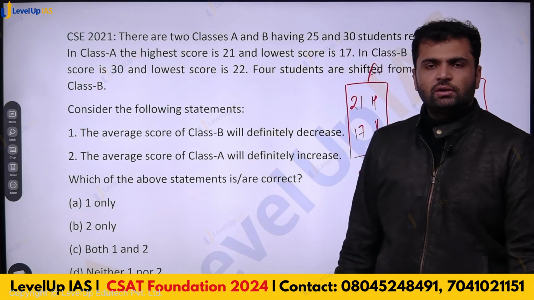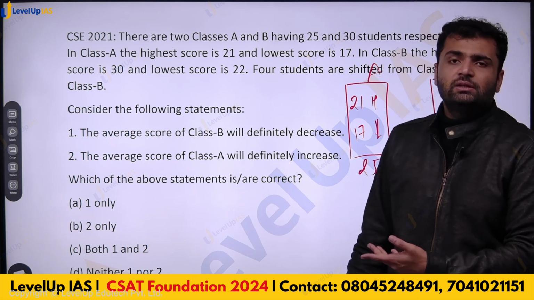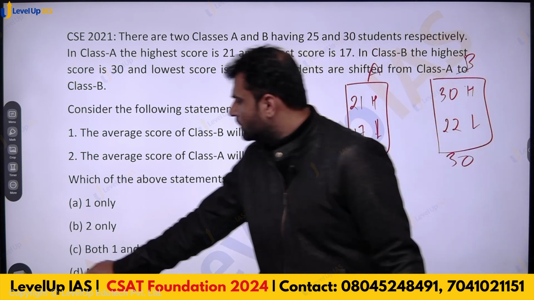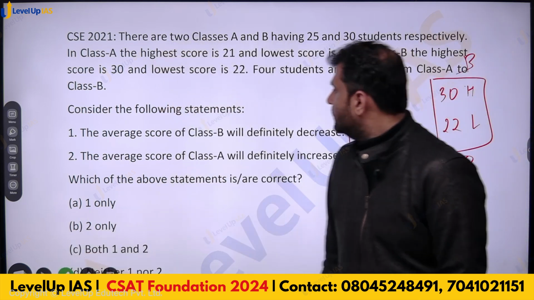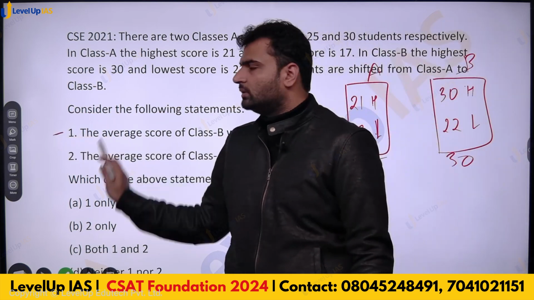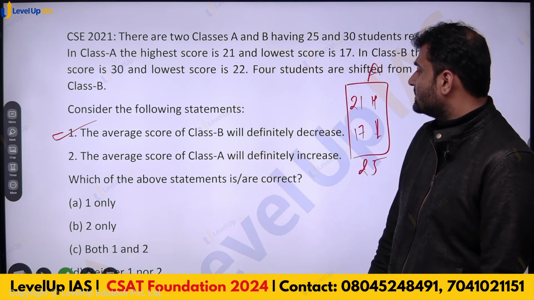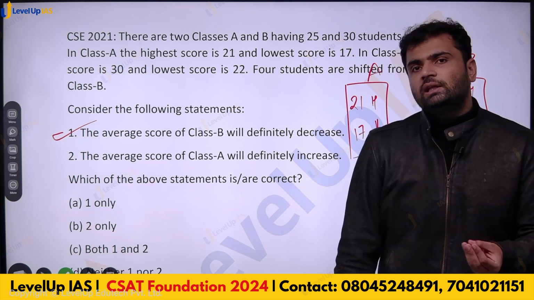That is intuitively correct, and you can write down the mathematical expression and find that to be true as well. So the average score of class B will definitely decrease. That is true. Next, second statement: the average score of class A will definitely increase. Now, here there is a problem.